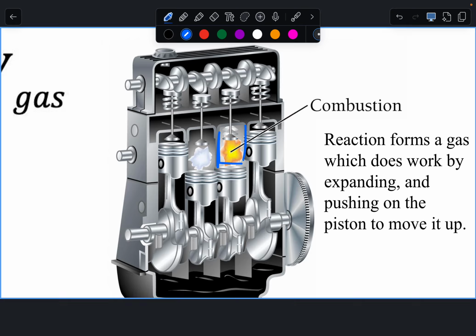So the combustion of the gas, the creation of the gas, applies a force on the piston. So that's when a gas expands, or a gas is produced and therefore it expands and pushes on something. That's how a chemical reaction can do work. And that would be W is negative because it's pushing, it's giving its energy out as work.